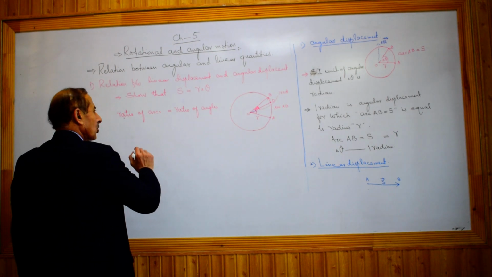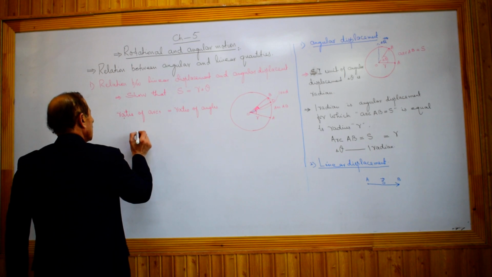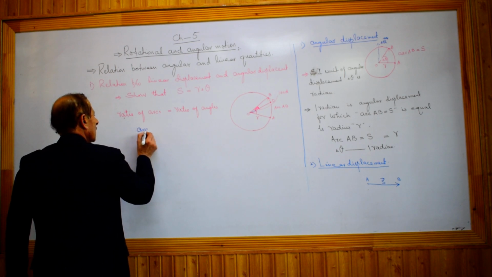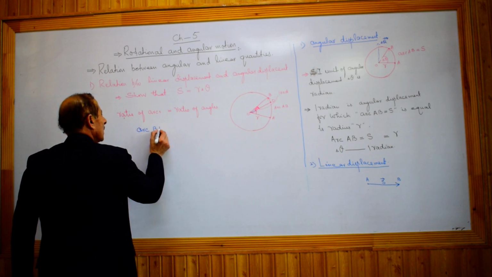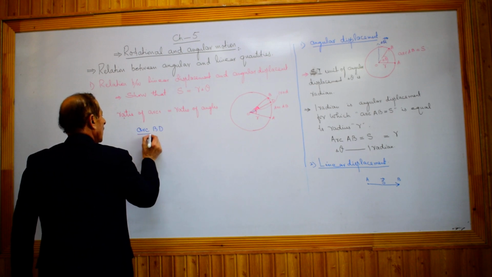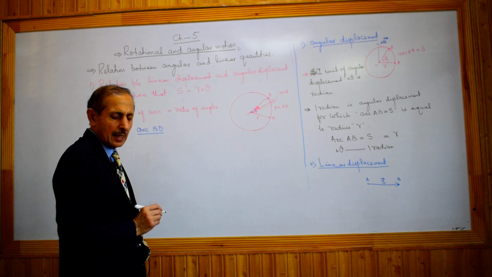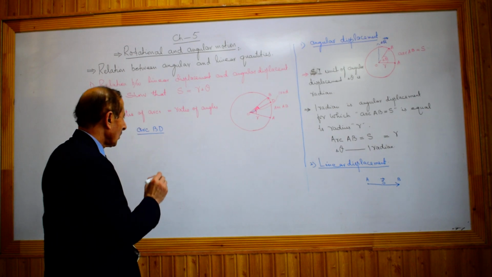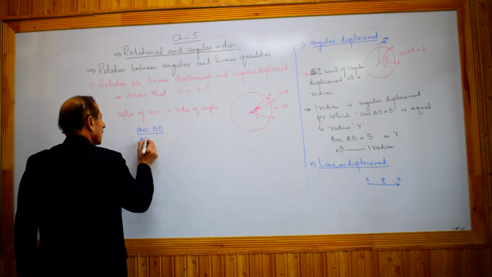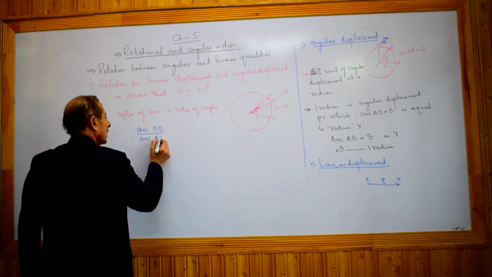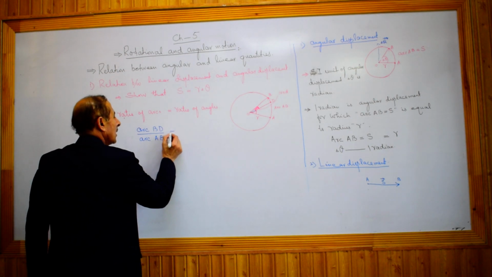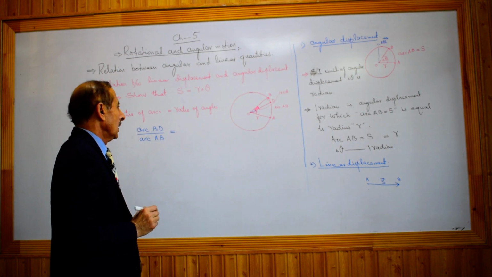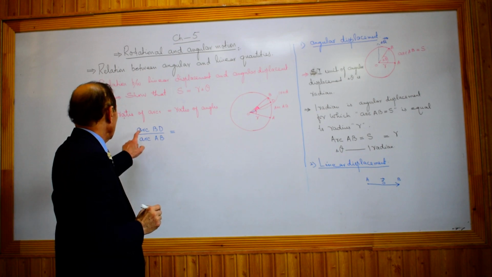The ratio of the arc BD divided by arc AB is equal to the ratio of the angles.